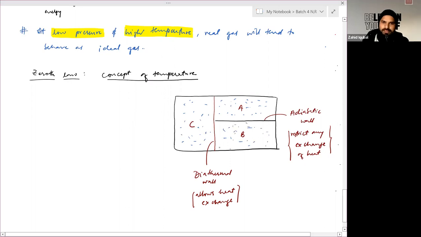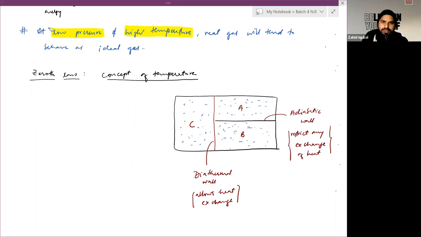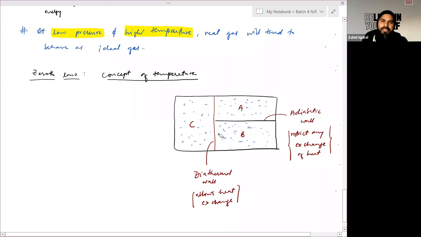Since this particular wall is diathermal, across it there will be some exchange of heat due to their temperature difference. So A and C will interact with one another and there will be flow of heat between them till they acquire equal temperature.